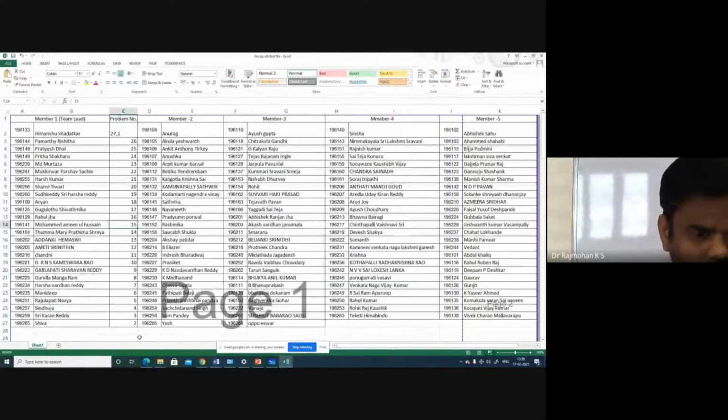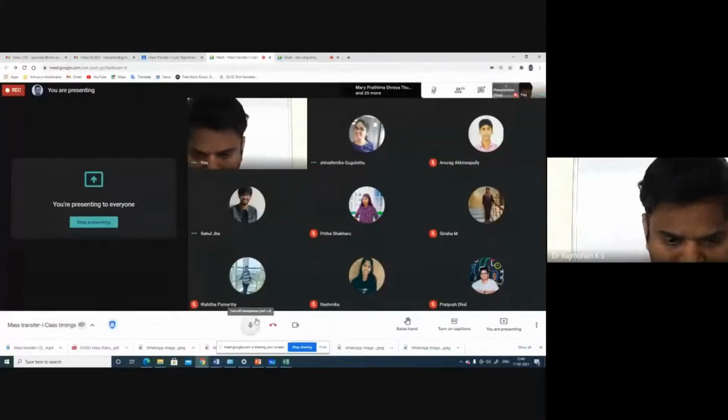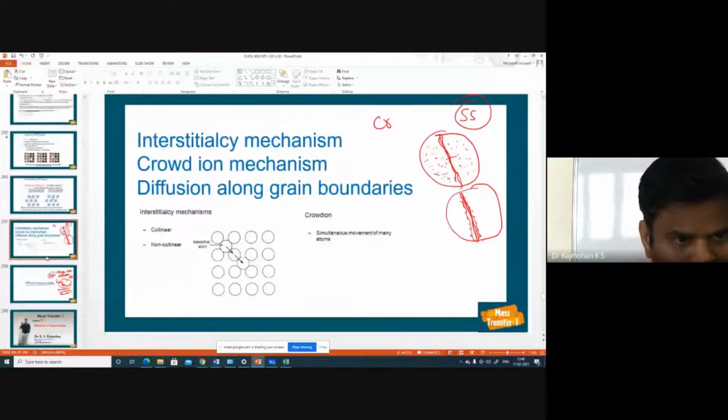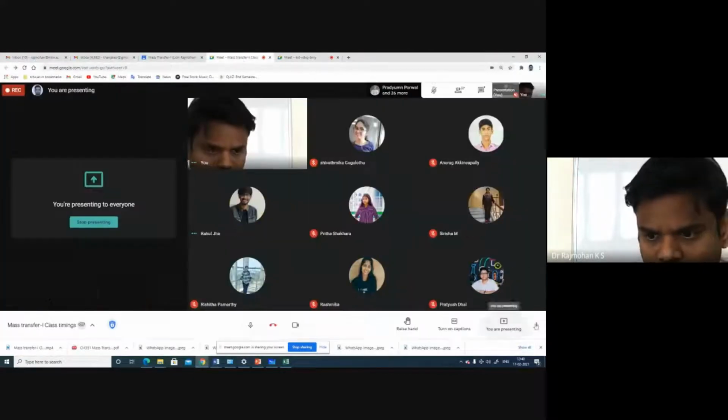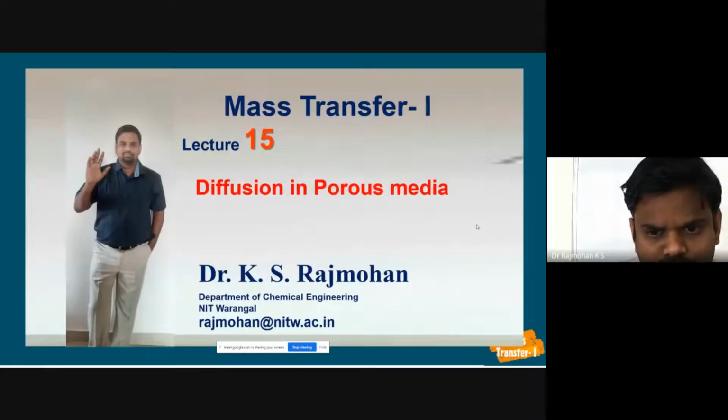Further, we will learn about Knudsen diffusion, and we will solve a numerical on Knudsen diffusion. In this lecture we will discuss diffusion in porous media in detail.